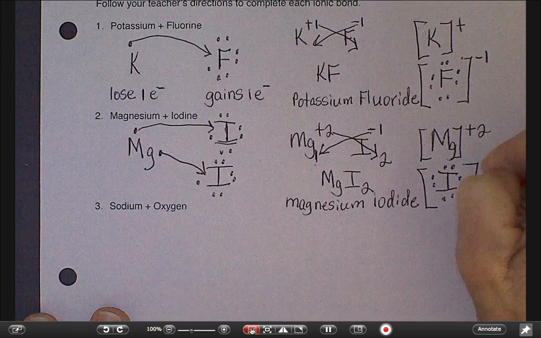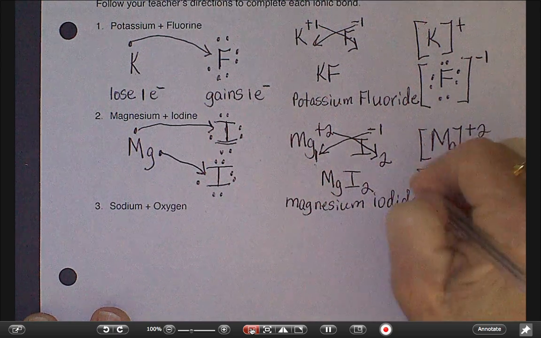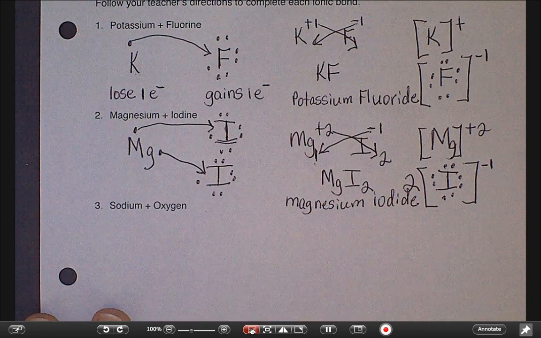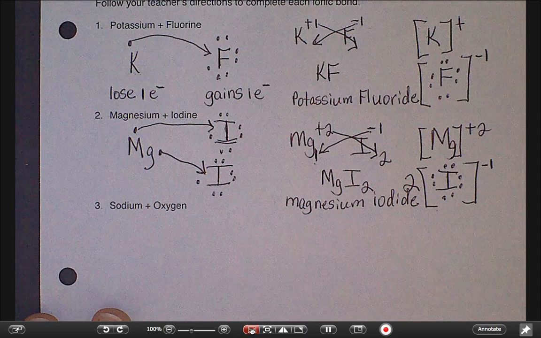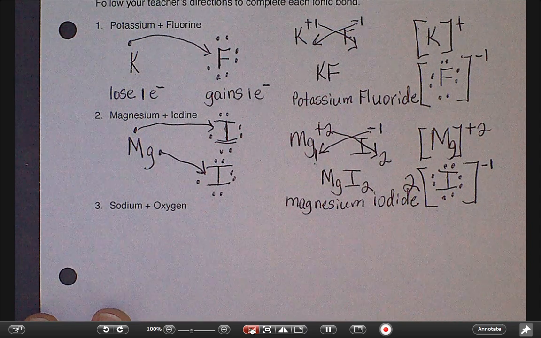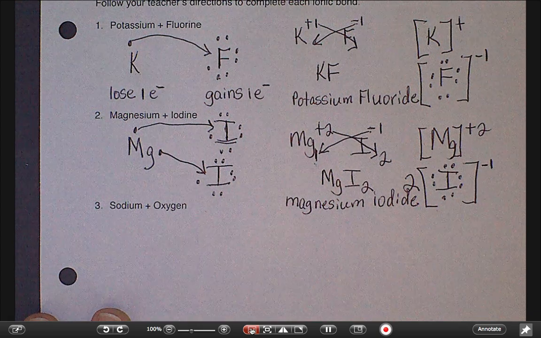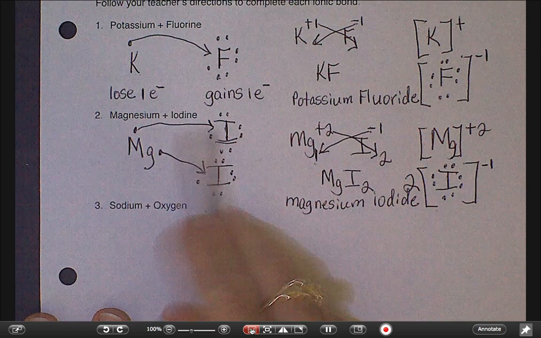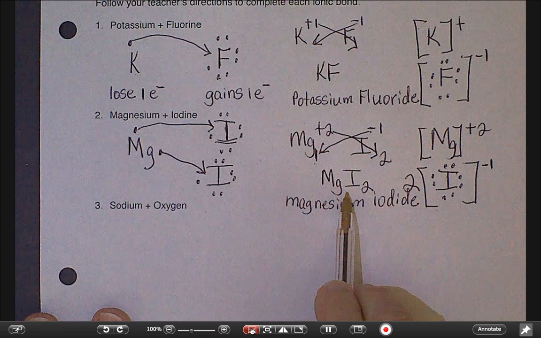So it's a minus 1. But we have how many of them? 2. Each I is a minus 1. Questions? Are you relating the pictures now to your formulas? Yes. Okay.